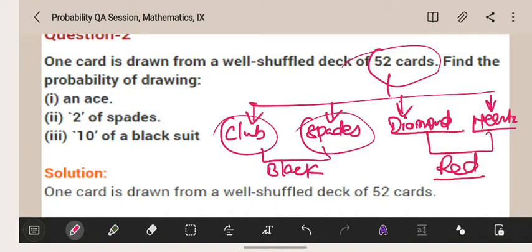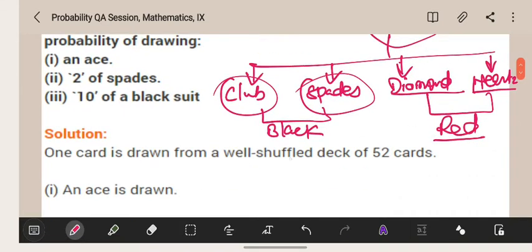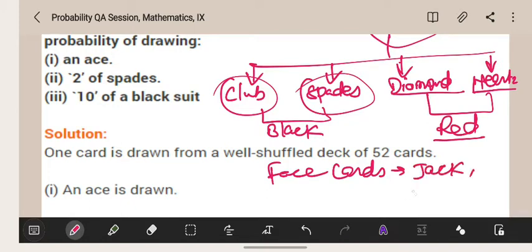All are numbered from 1 to 10, and after 10 we have 3 face cards. The face cards are named Jack, Queen and King. 3 face cards in each suit.